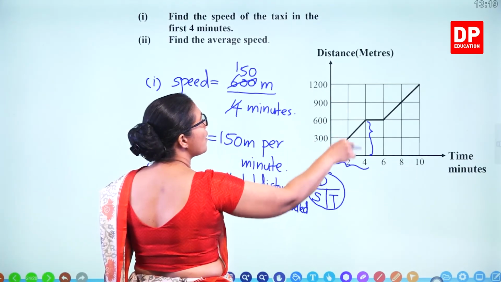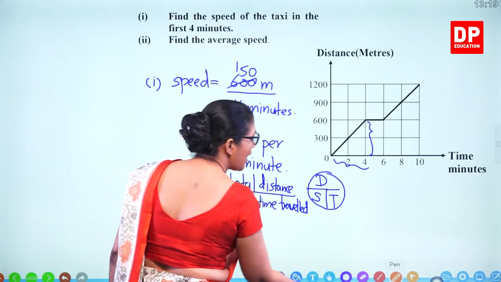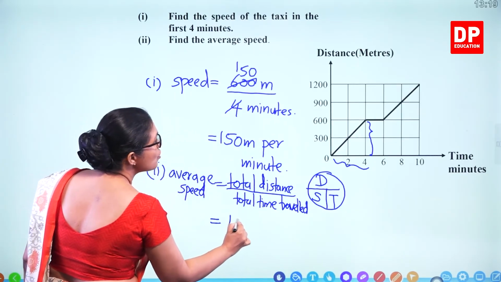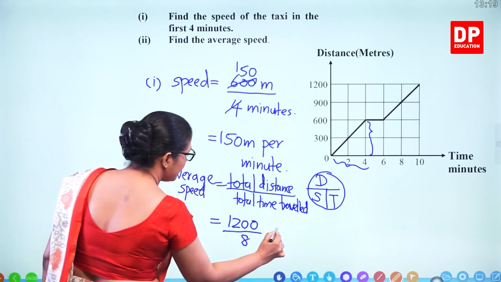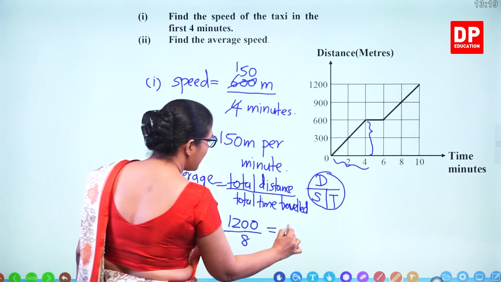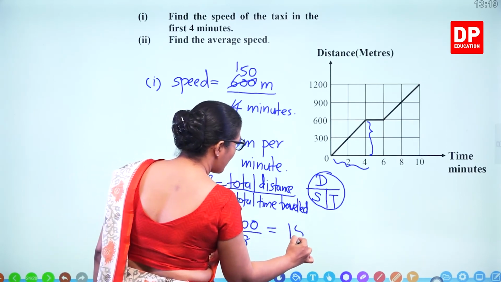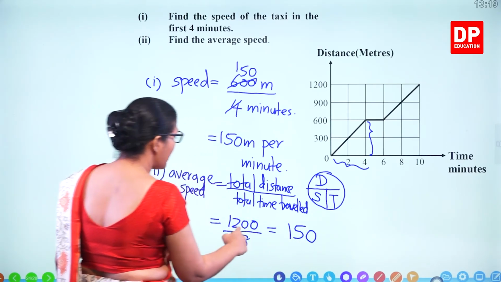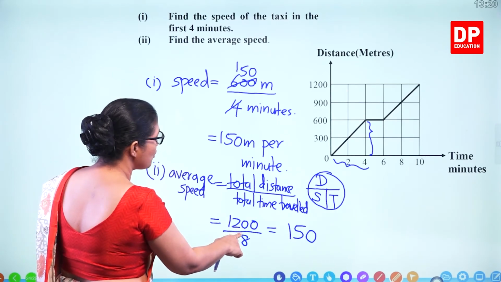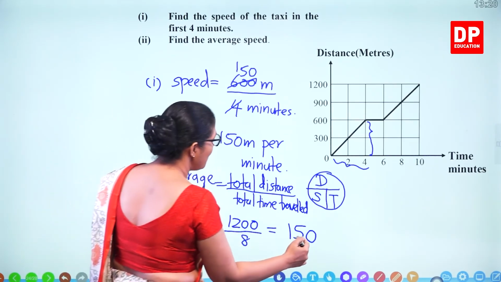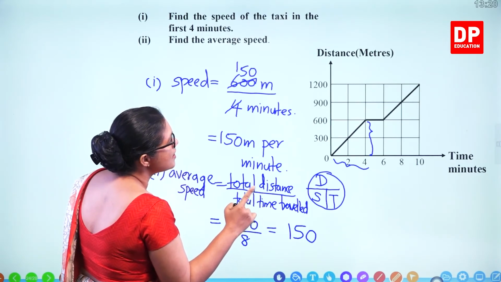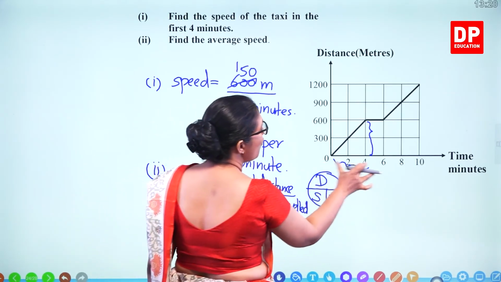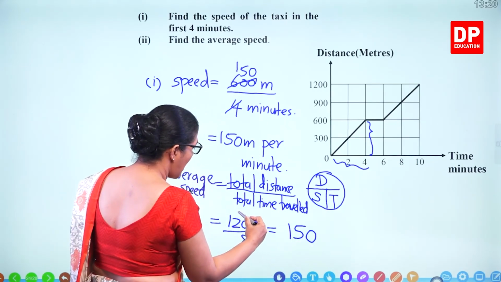Total distance is 1200, you can refer to the graph. 1200 divided by 8 minutes. 8 times 1, 8.